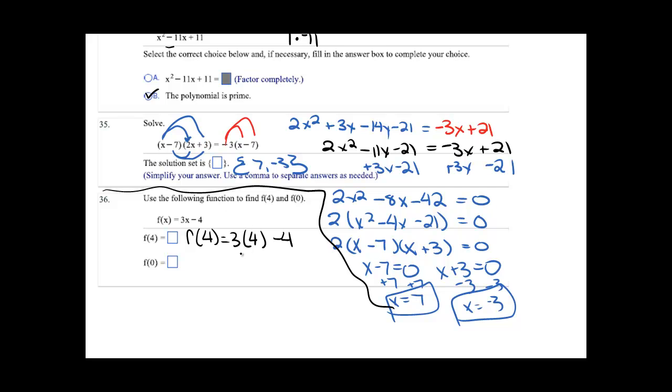So we have 12 minus 4, which is 8. And for f of 0, same idea. 3, and then where the x was, we'll put parentheses. We plug in 0. So we have 0 minus 4. So f of 0 is negative 4.